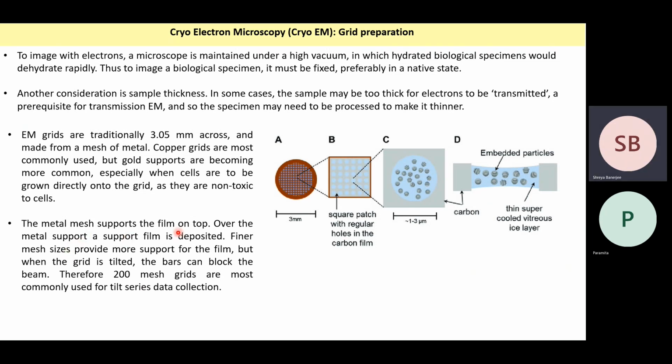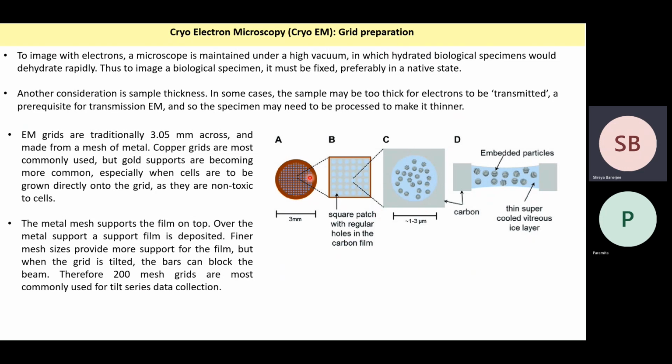The metal mesh supports the film on top. Over the metal support, the film is deposited. So if you look at a single square in this metal support, in this square there is a carbon film, and on the film, there are holes like this, which can hold the protein samples.